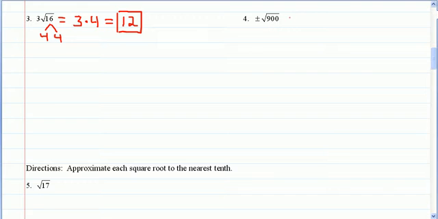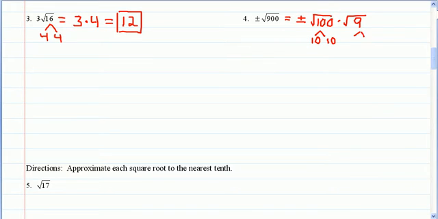So one way that we can do this is we can say that the square root of 900, if we were to find two perfect squares that multiply to 900, it would be 100 times 9. So when you split a number up underneath the square root symbol, they both have to be perfect squares, and the square root of 100 is 10 times 10.